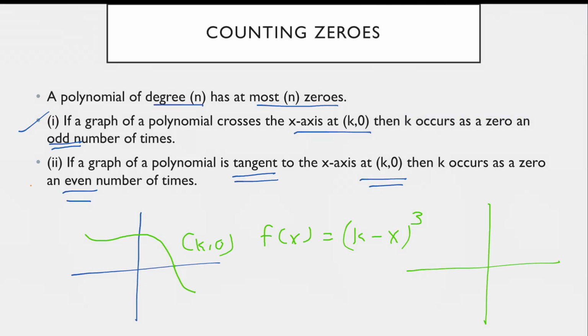What the second point says is that if it is tangent, for instance, if I had something like this, it is tangent at the point (k, 0), then k occurs as a zero an even number of times. In this case, a possible polynomial would be (k minus x) to the power 2, because over here k occurs as a zero an even number of times. This is not exactly how a polynomial would look, a polynomial would have this as a part of something, or this is a probable polynomial for both of these cases.